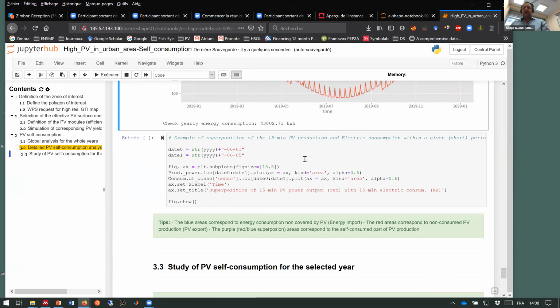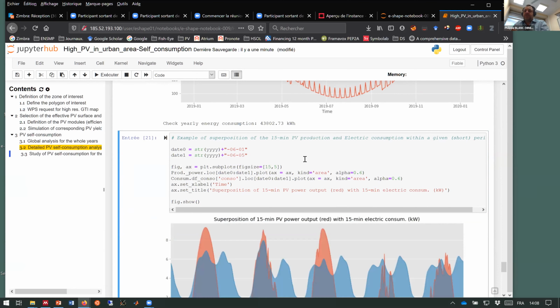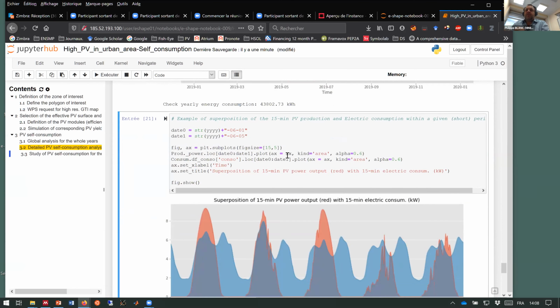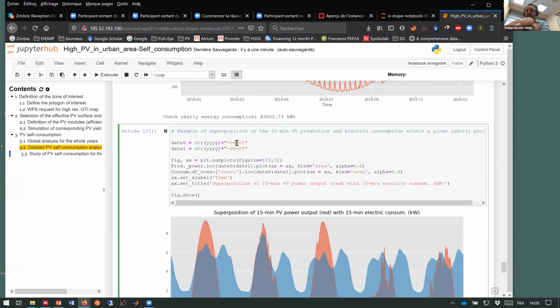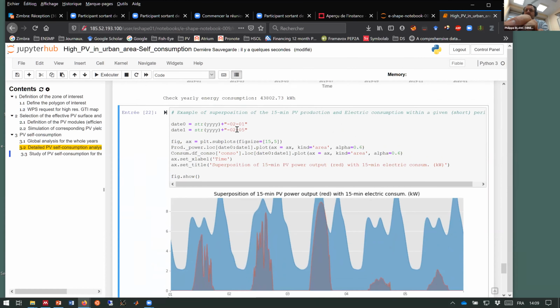Okay, so here is an example of 5 days to understand what is going on in terms of PV production and electric consumption. And you can, of course, change. I can do the same exercise looking at the month of February. Okay, I prefer to have some overproduction.